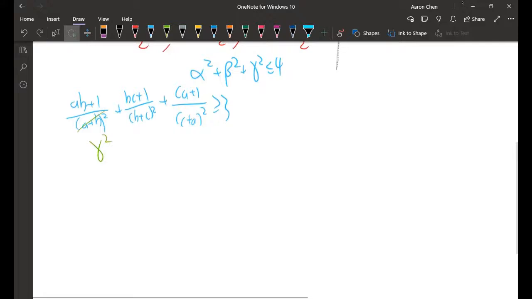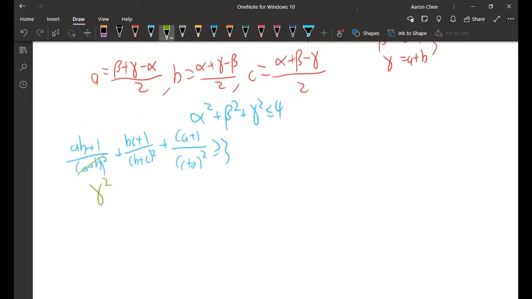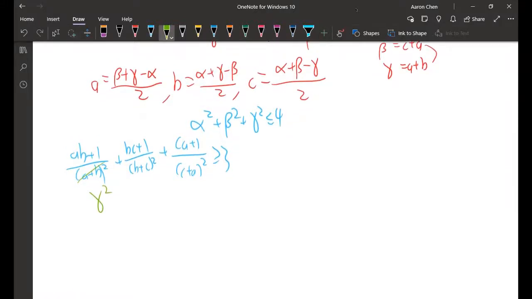So ab plus 1. The only way we can get a term of ab without forming any other pairs of two variables being multiplied together is with gamma squared.